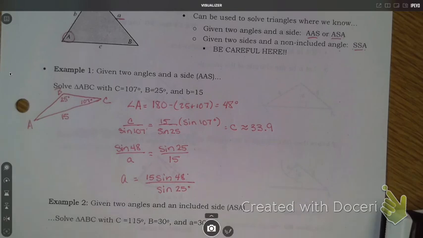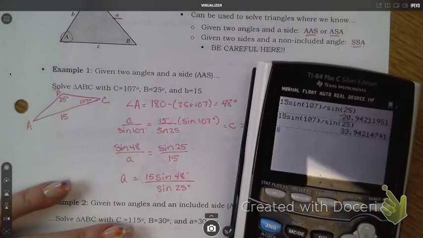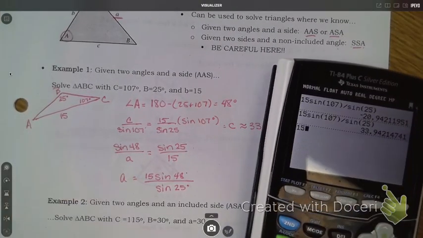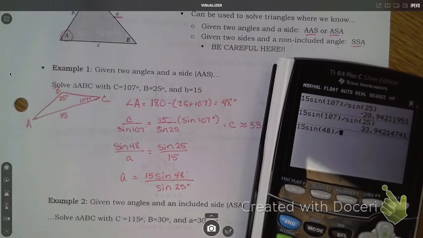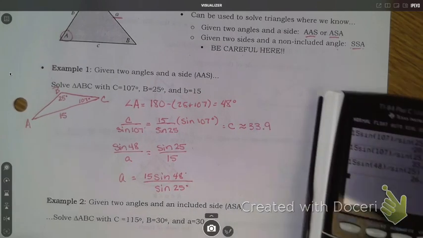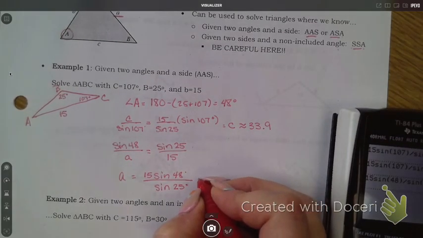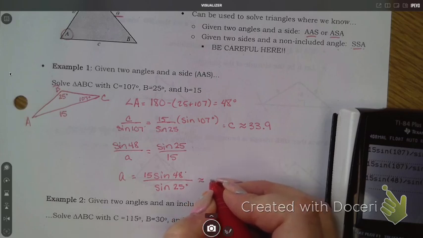So I just always try to keep what I'm looking for in the numerator. It just makes it easier. But as long as you reciprocate everything, can you do it? Okay. So what do you get? 26.4, approximately. Yep, that's what I got. So I have approximately 26.4.